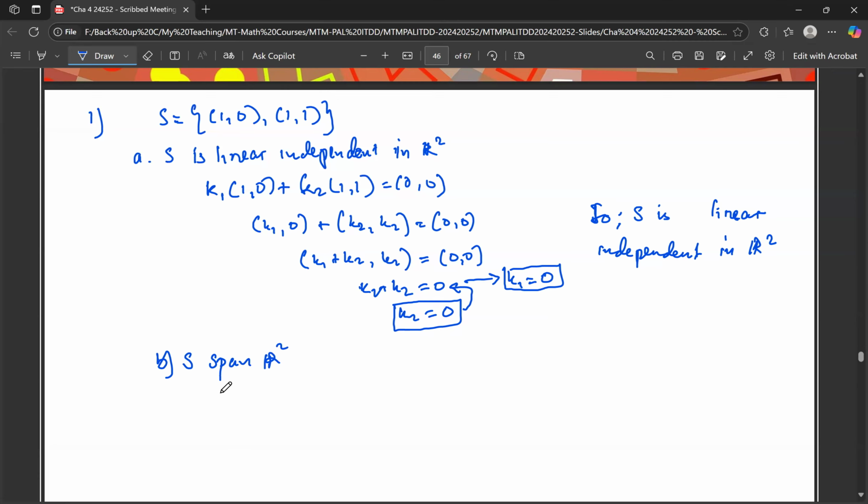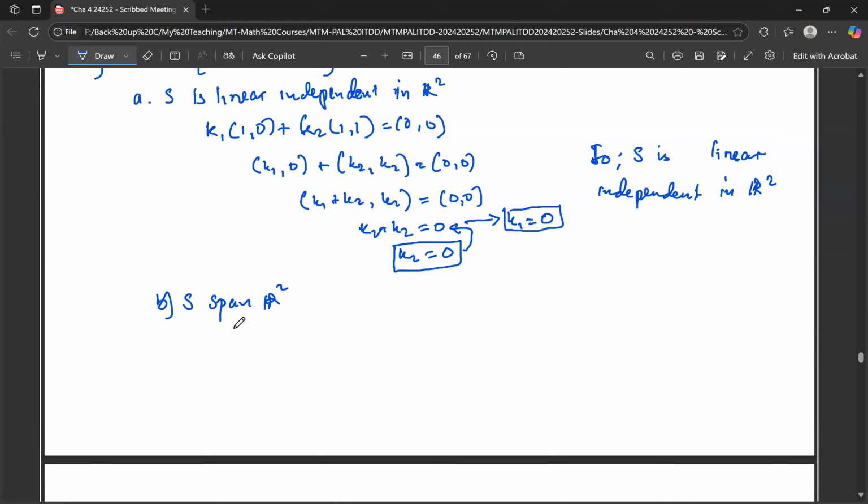So we must prove by taking an arbitrary vector u = (u1, u2) in R2. We must show that this vector is a linear combination of k1(1, 0) and k2(1, 1).